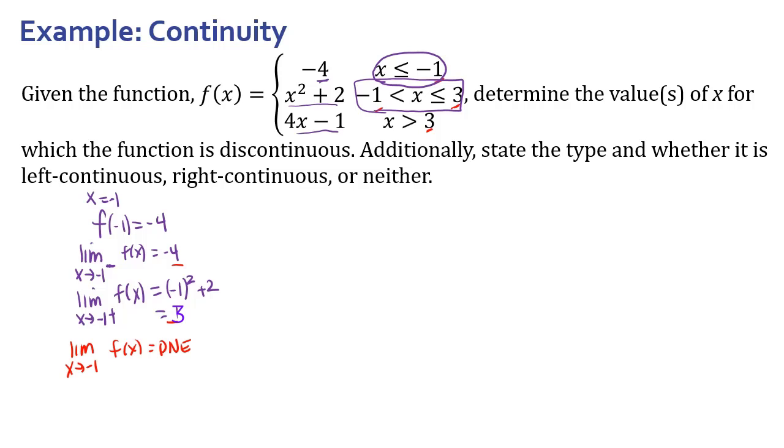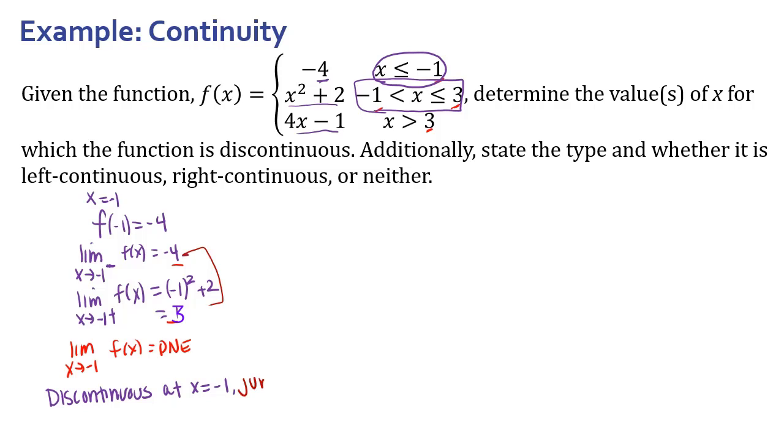So that means we're going to be discontinuous at x equals -1. This is going to end up being a jump discontinuity because it's going to jump from -4 up to +1.